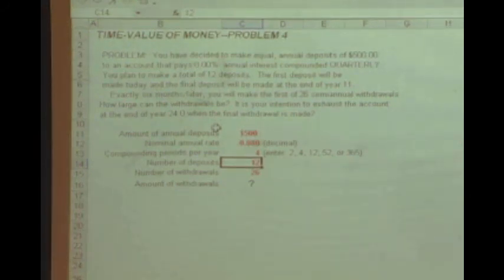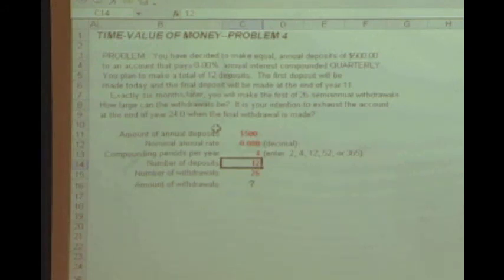You've decided to make equal annual deposits of $500 to an account that pays 8% annual interest, compounded quarterly. So you have annual payments, but a quarterly interest rate. You plan to make 12 deposits, first today, the last at the end of year 11. 6 months later, you will make the first of 26 semi-annual withdrawals.